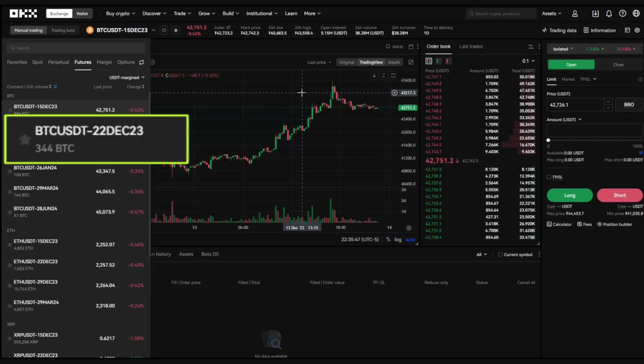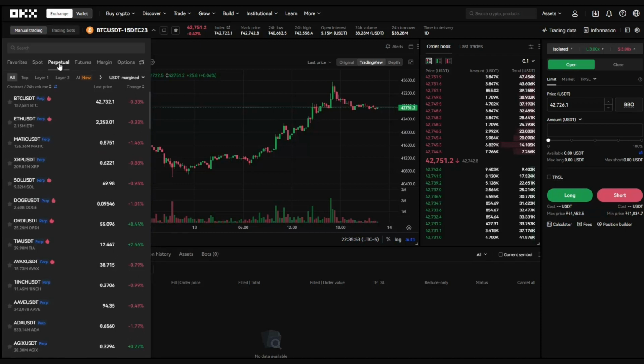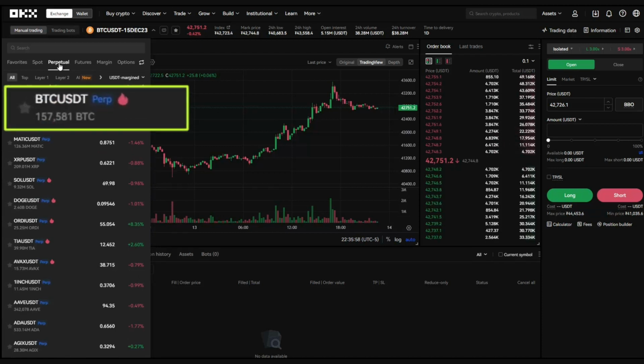For example, this BTC contract expires on December 22. Perpetual futures are also available. As the name suggests, these futures have no expiration date. The names of perpetual futures are composed of the pairs being traded and the abbreviation PERP.